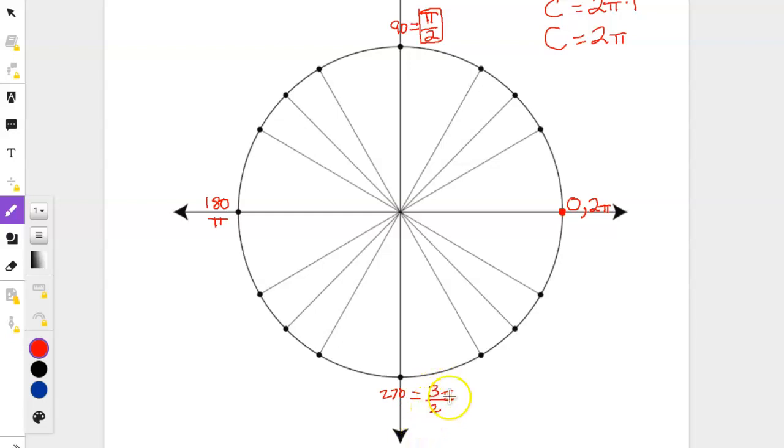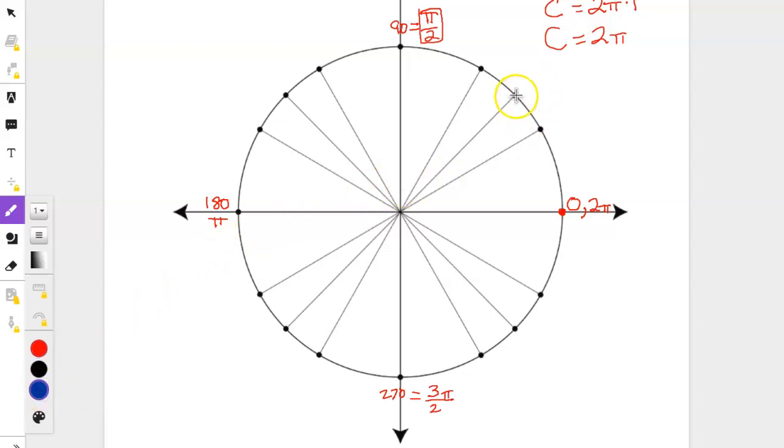Okay? So we have 1 over 2, 2 over 2, which is 1, and then 3 over 2. And we can keep on going and say, well, this must be 4 over 2, but 4 over 2 equals 2. So there's a nice system here to find these values if we need to figure it out.